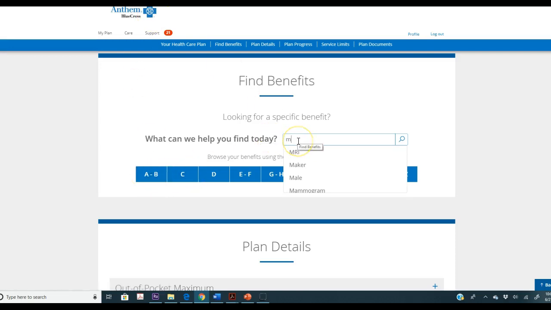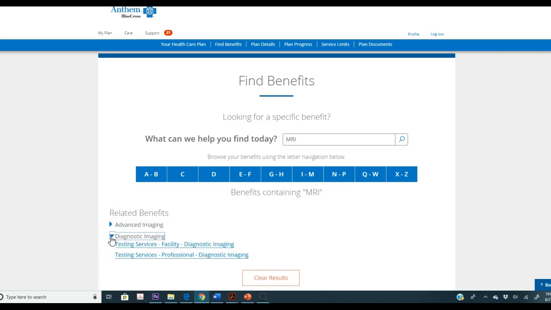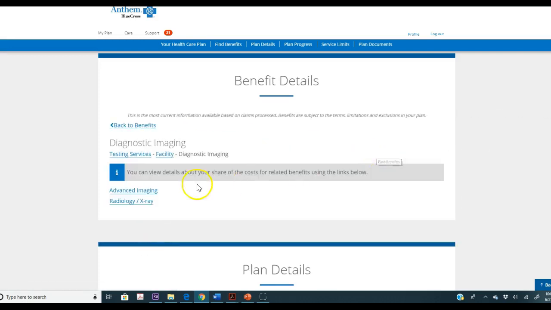So say I wanted to find out what benefits I had for an MRI, and if I wanted to go for diagnostic imaging, then I could do at a facility, and it would tell me I can view details about my share of the costs for related benefits using the links below.